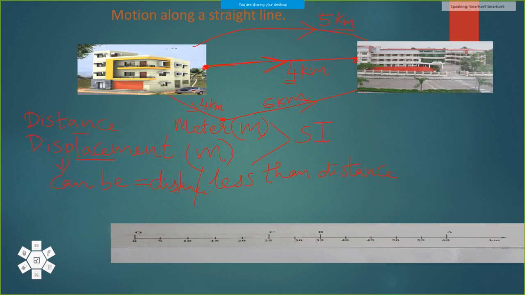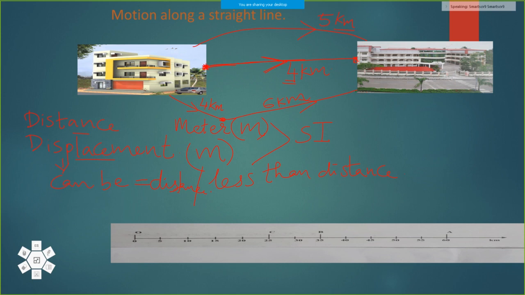So, what about distance? Distance can be equal to displacement, or it can be greater than displacement. Clear?